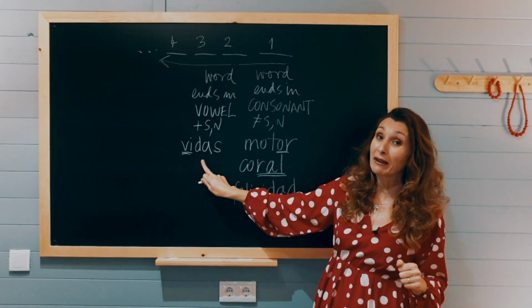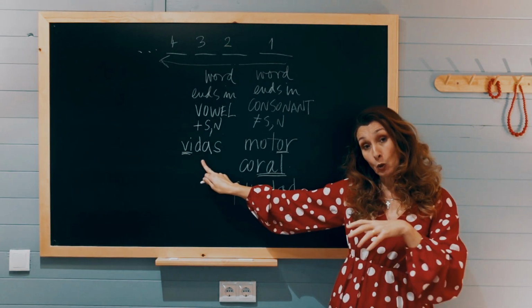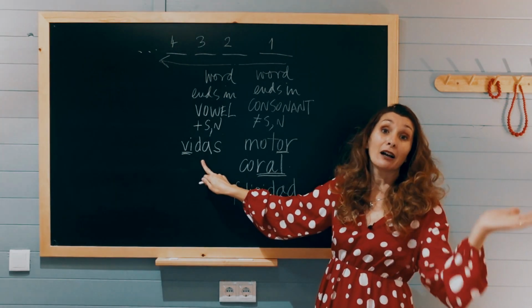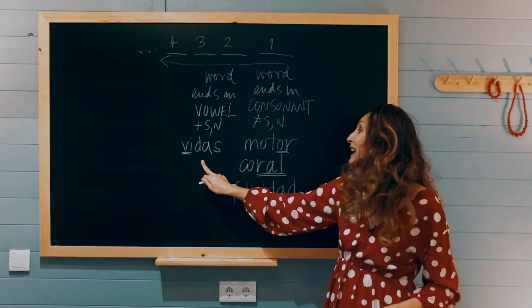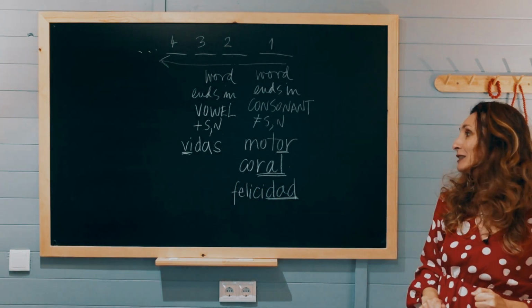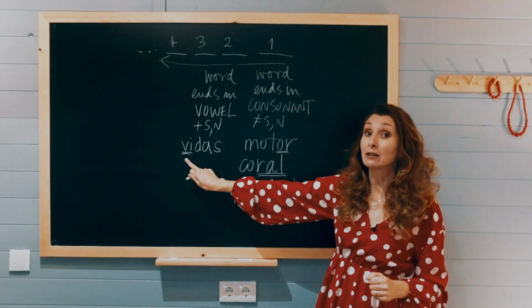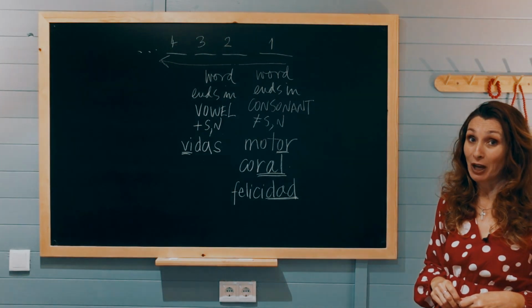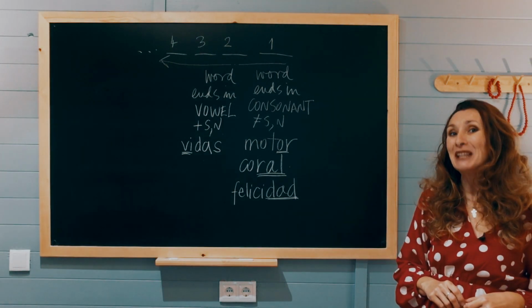So even if we make this noun plural and we're talking about many lives of a cat, the accent is still on this penultimate syllable, okay? It doesn't change place. It's still vidas.